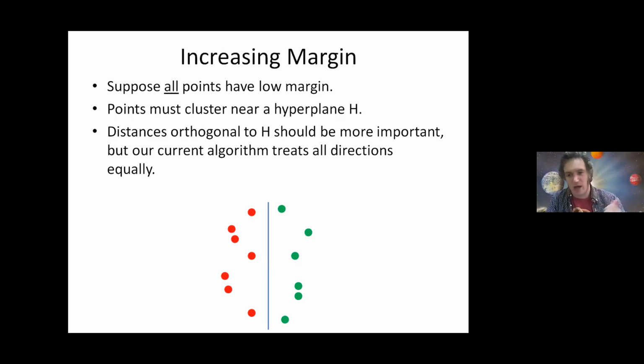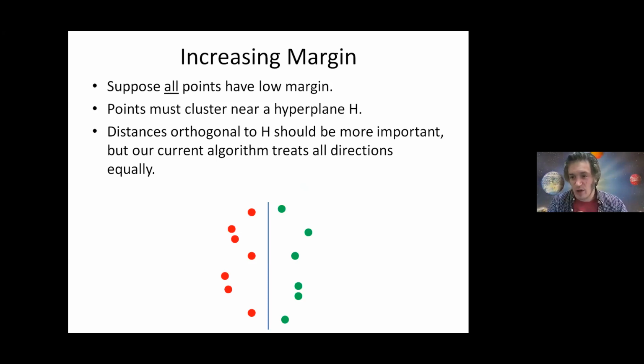It matters a lot if we tilt the vector that we're trying to learn by just a tiny bit in any of those directions. That'll vastly affect which side of the hyperplane most of these points are on. On the other hand, our current algorithm treats all directions equally and tries to just learn H up to some small L2 norm.